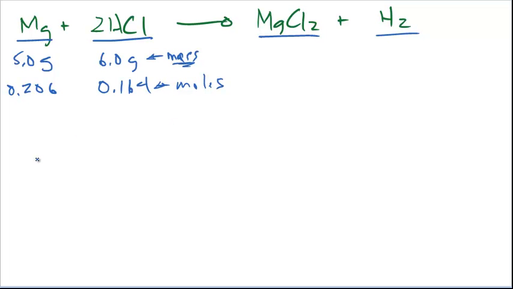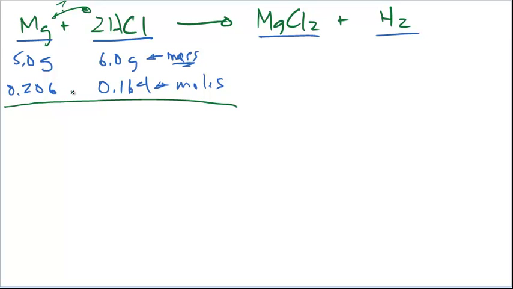Okay, now we are in a position to determine which one of these two reagents is the limiting reagent. And so if you look at these two numbers in moles and look at the mole ratio, which is dictated by the stoichiometry, by the balanced chemical equation, you just apply a little bit of common sense in terms of numbers.